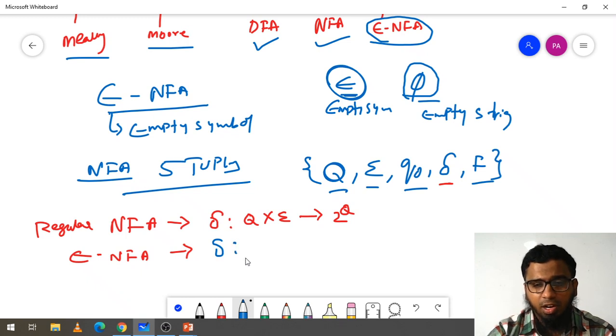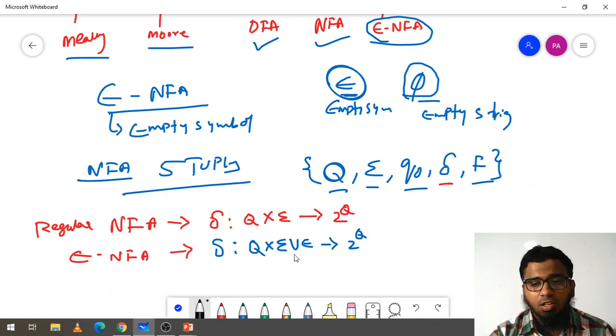Delta is Q cross sigma, and here one thing is added, that is union epsilon, and the answer will be 2 to the power of Q. So here this is the one small difference between regular NFA and epsilon NFA.